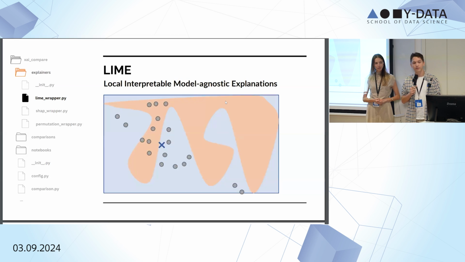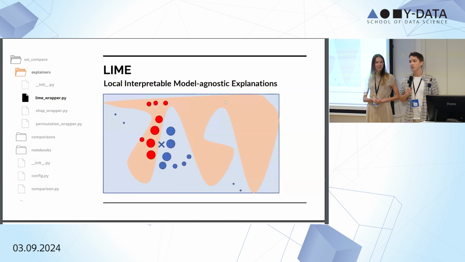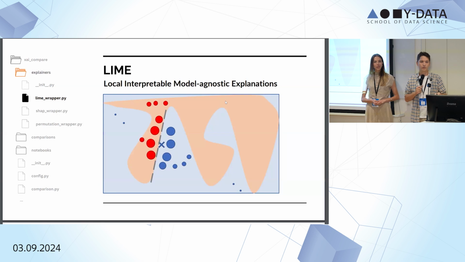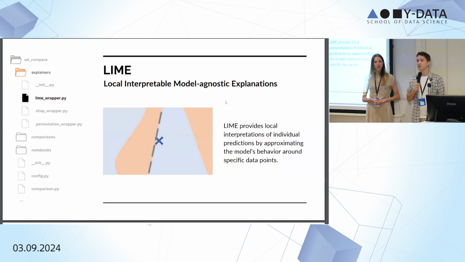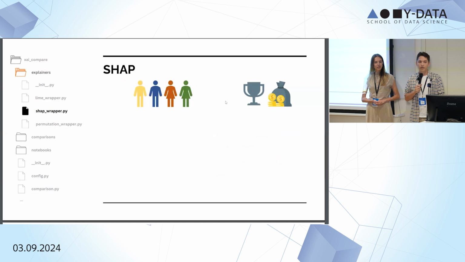It creates different instances around your point and asks the model to give a prediction for each one. And for those who are closer to the original instance, it gives more weight. And after that it creates a simple linear model, which is interpretable and explains your model in this particular area around this data point.